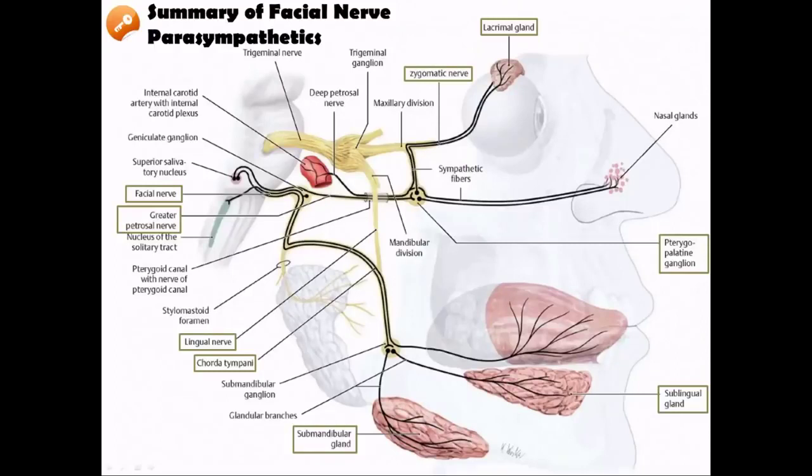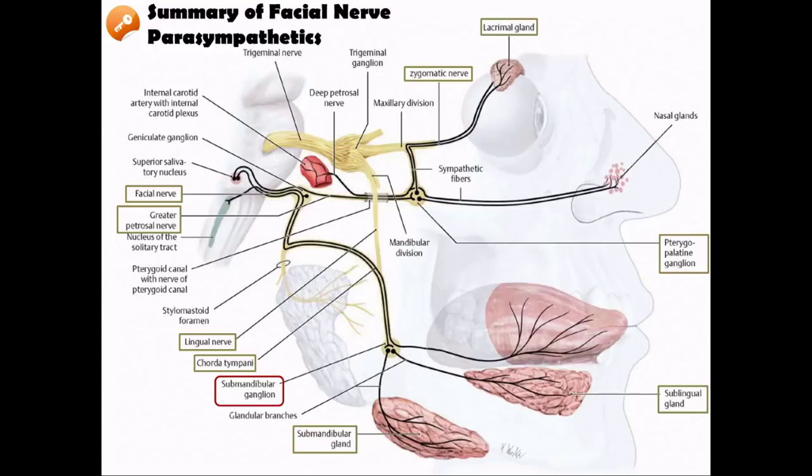The preganglionic parasympathetic fibers carried through the chorda tympani nerve synapse with postganglionic parasympathetic fibers in the submandibular ganglion that is often suspended from the lingual nerve. The postganglionic fibers then enter the submandibular gland, or they re-enter the lingual nerve to innervate the sublingual glands.